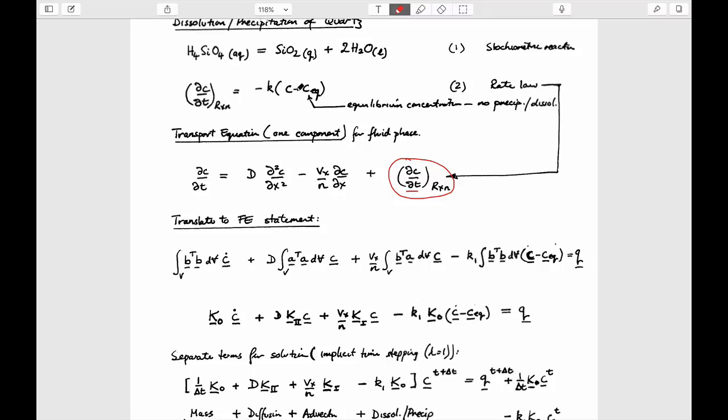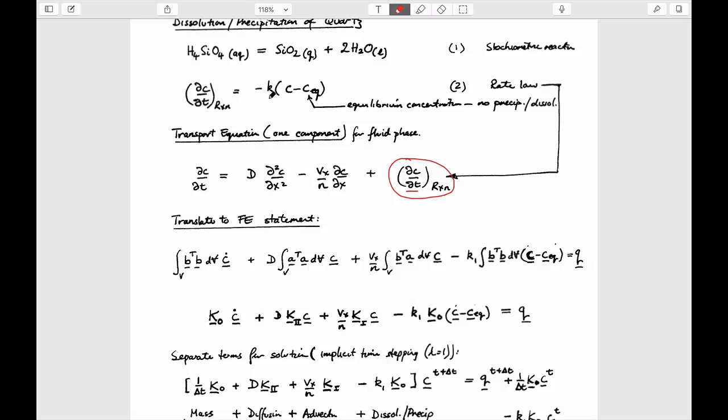There's no impetus to either dissolve or precipitate. If the concentration in the aqueous solution is larger than the equilibrium concentration, then it would precipitate onto the static stage. If the concentration in the water was lower, then we'd net dissolve material from the static stage into the water and raise the concentration. That's really all this is saying.